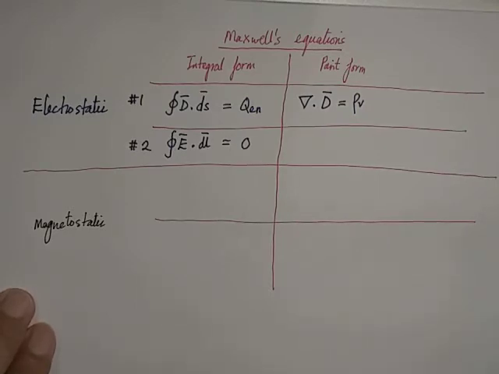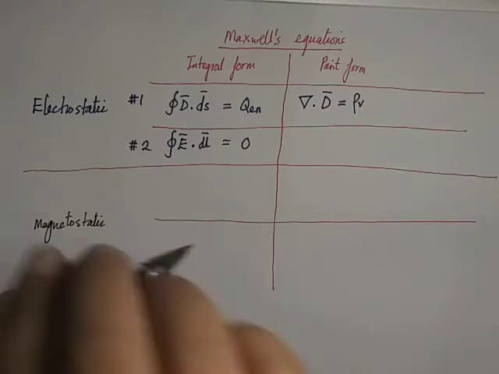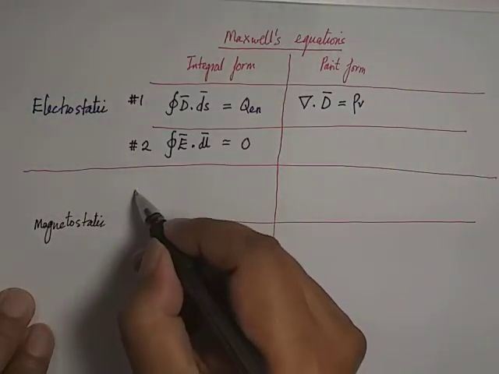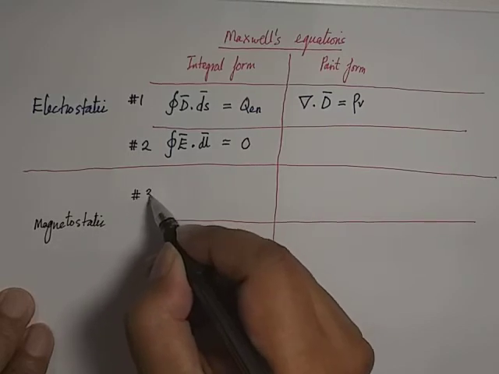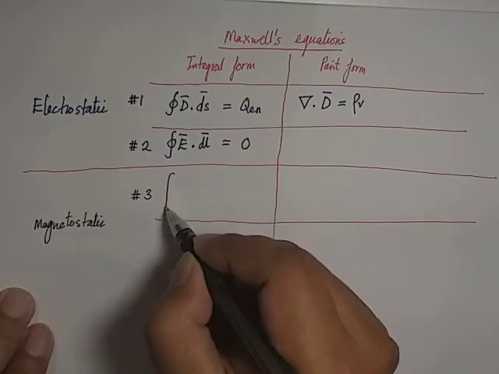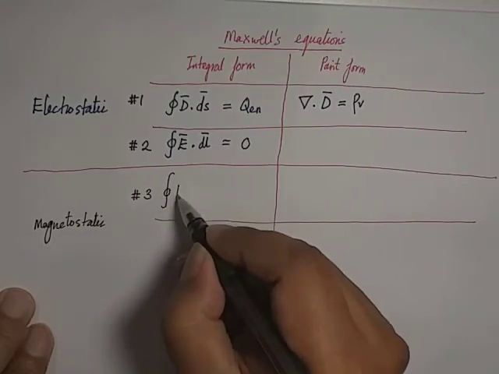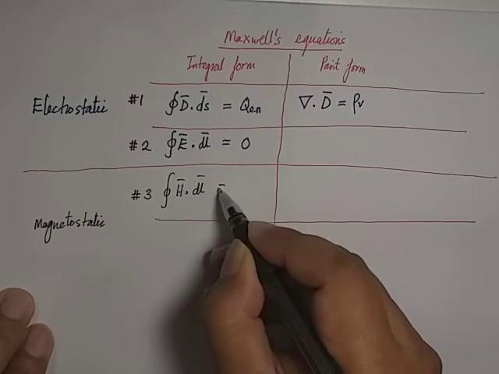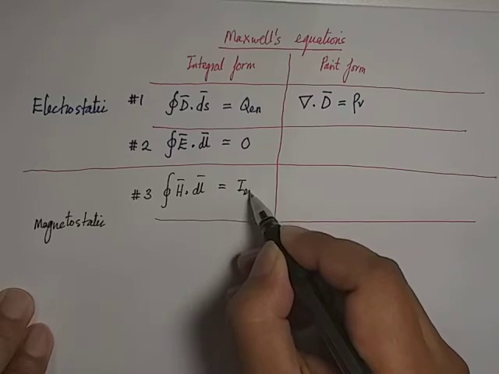In the world of magnetostatic, we know Ampere's second law given as H dot dl equal to I enclosed, correct?